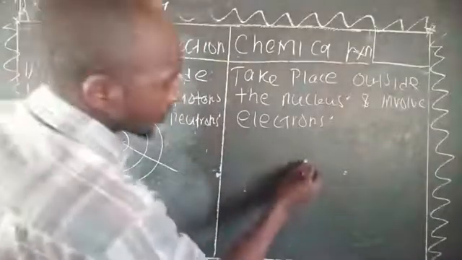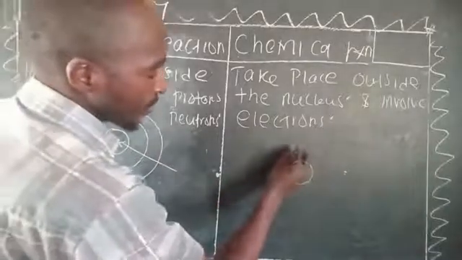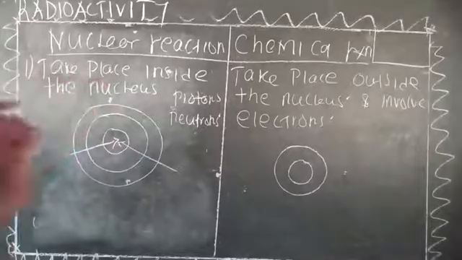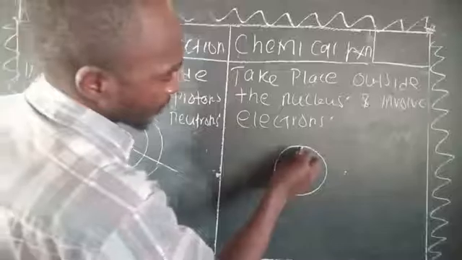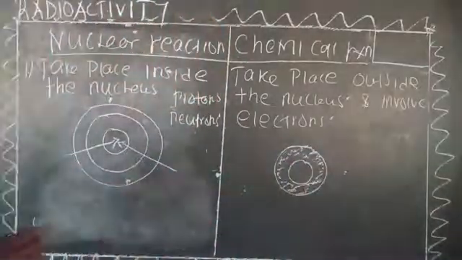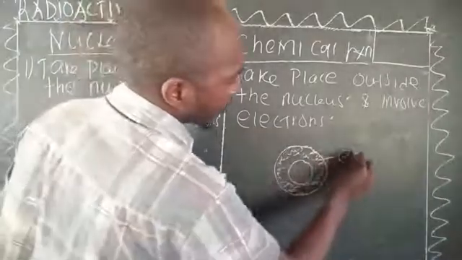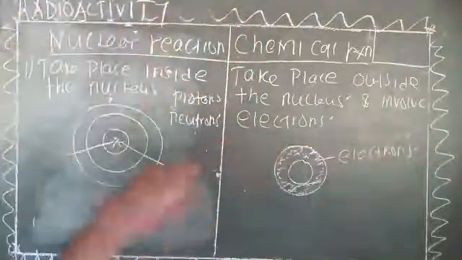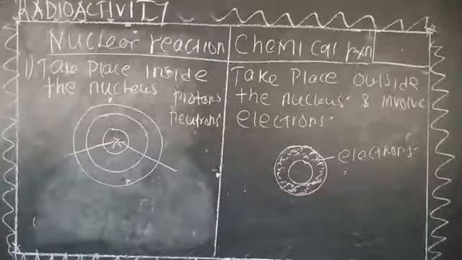So for this case, if this is our atom with the nucleus, the reactions that are chemical will take place in this region called the energy level, where the region is filled by electrons or occupied by the electrons.